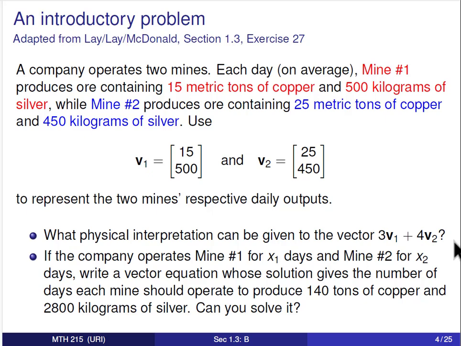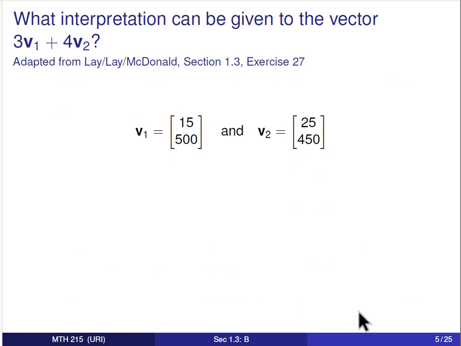And the second question: if the company operates mine number 1 for x1 days and mine number 2 for x2 days, write a vector equation whose solution gives the number of days each mine should operate to produce 140 tons of copper and 2,800 kilograms of silver. And once you have that vector equation, can you solve it? Now, we haven't talked yet in this course about vector equations. We'll do that in this video, but we can talk about that first question.